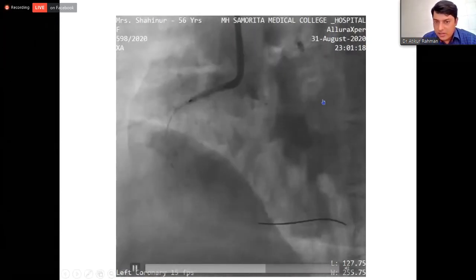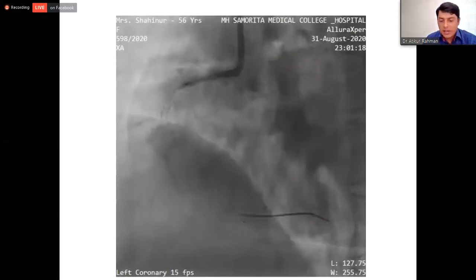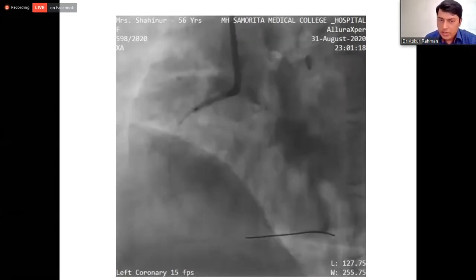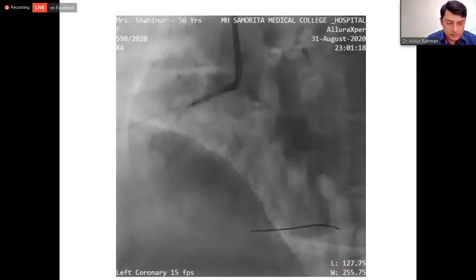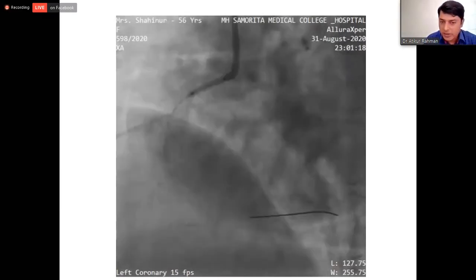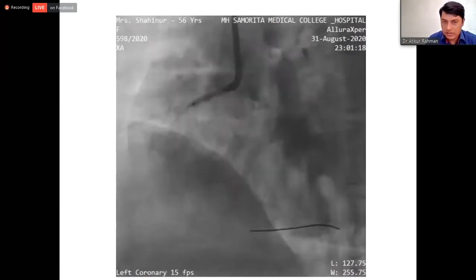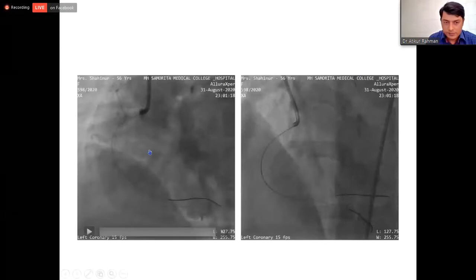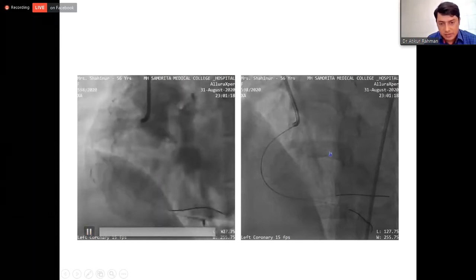After taking the wire, we immediately dilated with a 2.0 into 15 balloon. This is the check angiogram after the balloon.